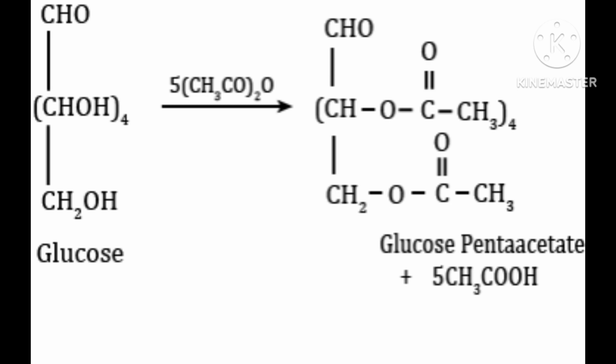In general you said 4 OH groups are there, but whether they are on the right side or left side, how many OH are on the left side, and how many OH are on the right side? Left side also OH is there, right side also OH is there. But here I want to tell you, when OH is on the left side, then on that carbon the other side will have hydrogen, just a reverse way. If OH is on the left side, then H is on the right side.